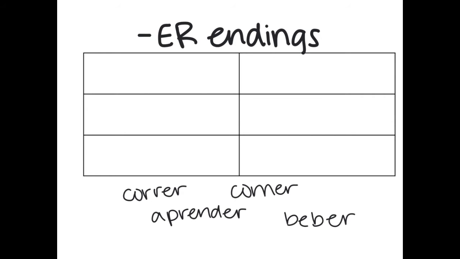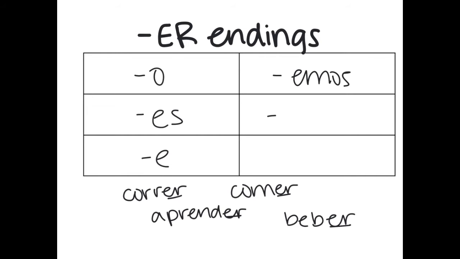So next I'm going to talk to you guys about ER endings. So these are verbs like correr, aprender, comer, and beber. So now these endings are in the yo form, o, in the tú form, es, in the él, ella, usted, e, in the nosotros, emos, in the vosotros, éis, and in the ellos, ellas, ustedes, en.